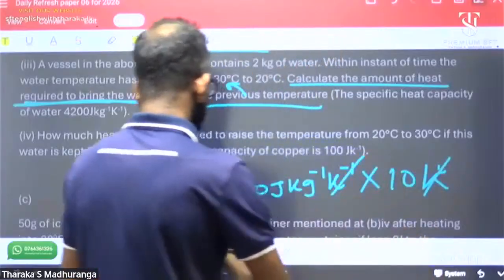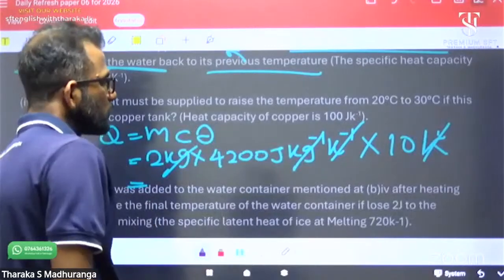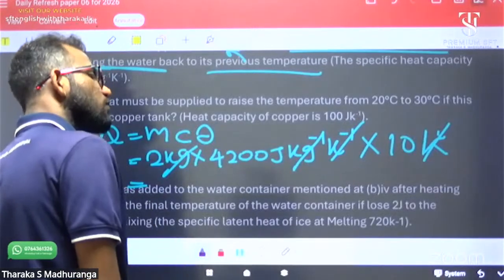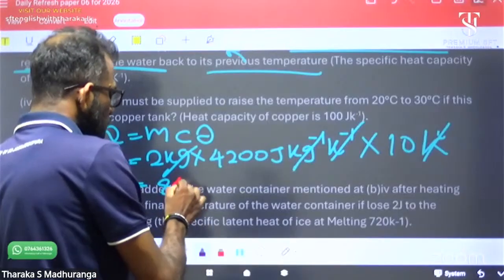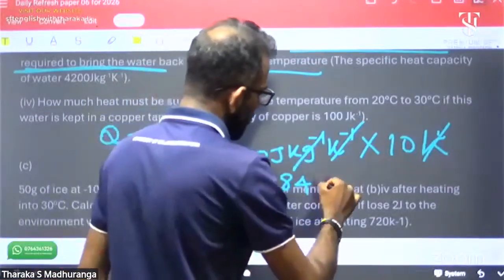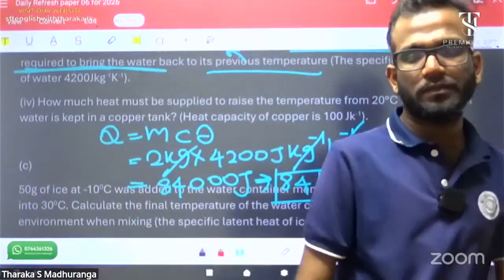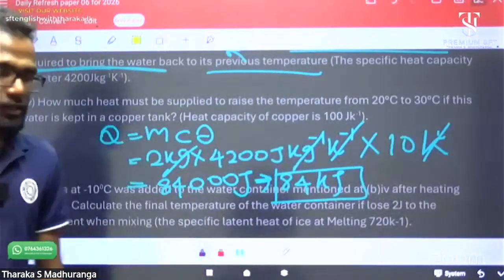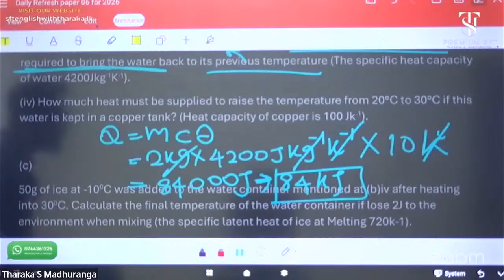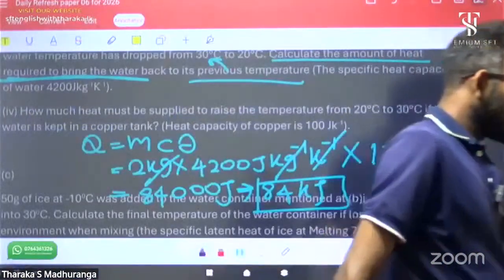Kelvin and Kelvin minus 1 cancel out, kilogram and kilogram minus 1 cancel out. 2 into 4200 is 8400. 8400 into 10 is 84,000. 84,000 means 84 kilojoules. 84 kilojoules required, only for water, without considering the vessel.